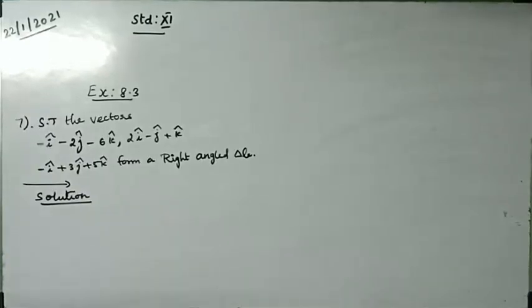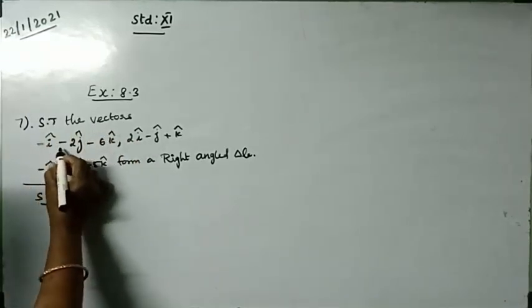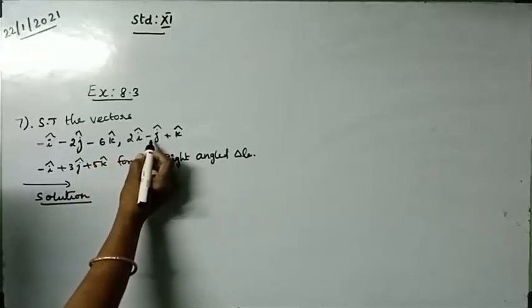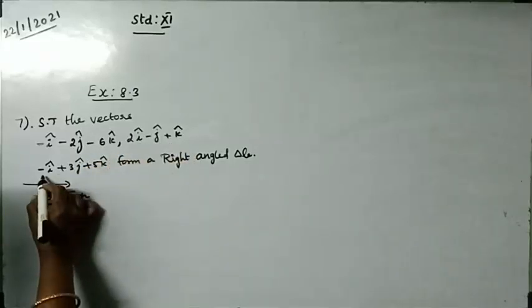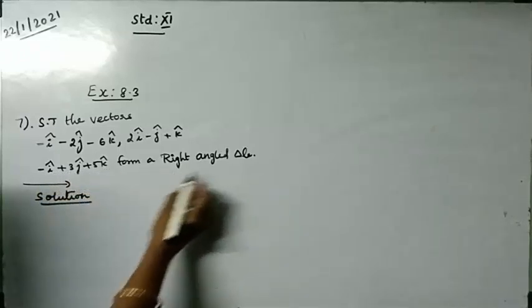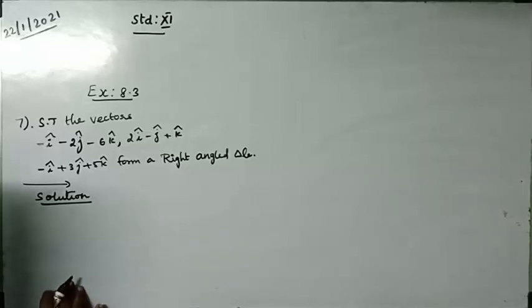Now question number 7. Show that the vectors i cap minus 2j cap minus 6k cap, 2i cap minus j cap plus k cap, minus i cap plus 3j cap plus 5k cap form a right angled triangle. So right angle triangle na Pythagoras theorem use பண்ணிக்கலாம்.